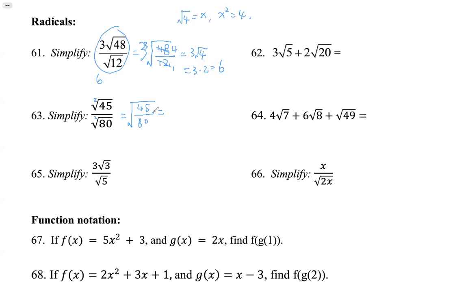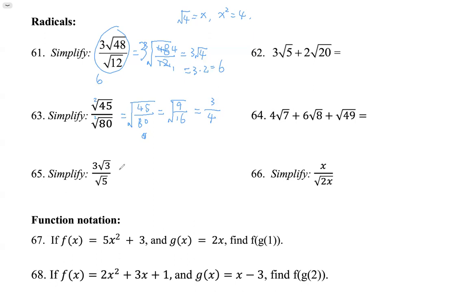First, let's divide by 5, because 5 is a factor of 45 and of 80. 45 divided by 5 is 9. 80 divided by 5 is 16, because 5 times 16 is 80. Now, the square root of 9 is 3, and the square root of 16 is 4. So we get 3 over 4.